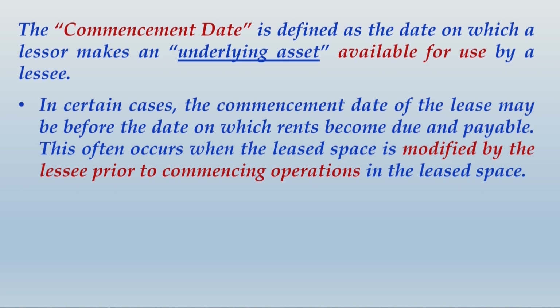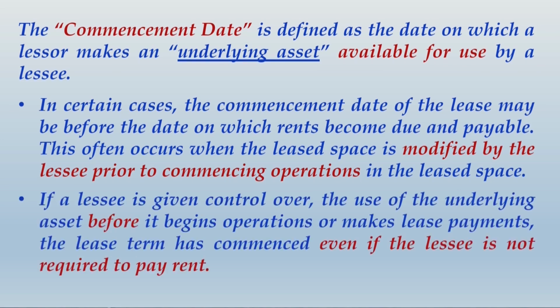This often occurs when the leased space is modified by the lessee prior to commencing operations in the leased space. If lessee is given control over the use of underlying asset before it begins operations or makes lease payments, the lease term has commenced even if the lessee is not required to pay rent. So friends, all these points we have already discussed. Quickly take note of this and then we shall move ahead.